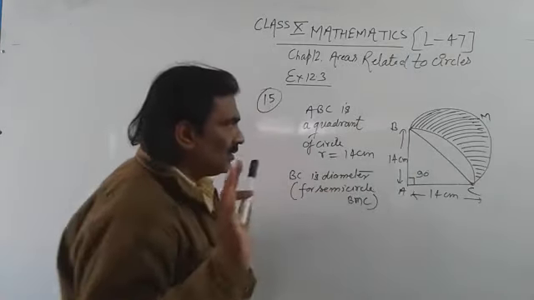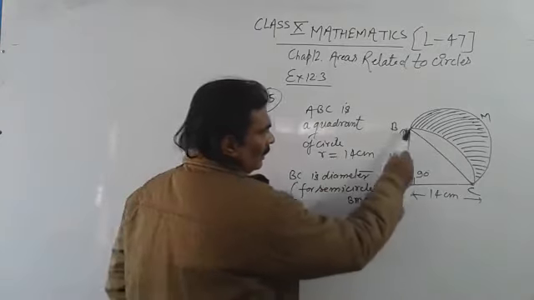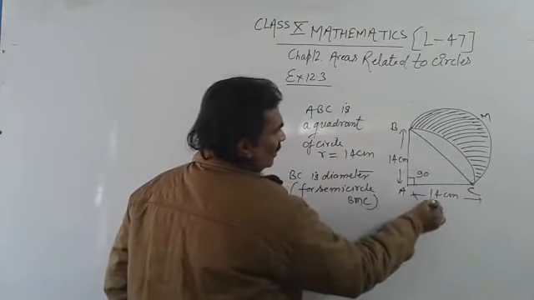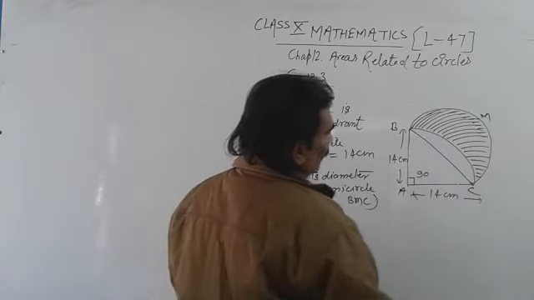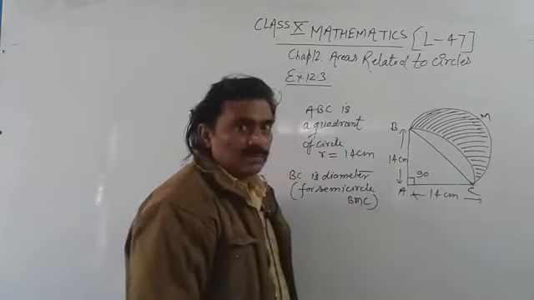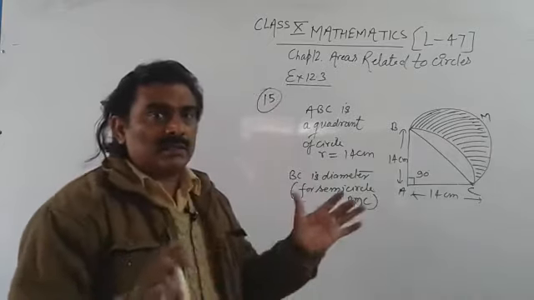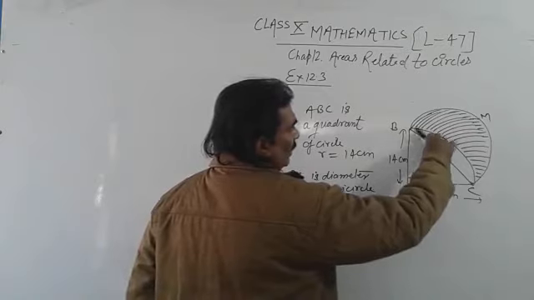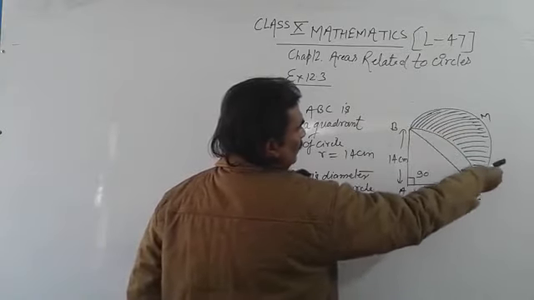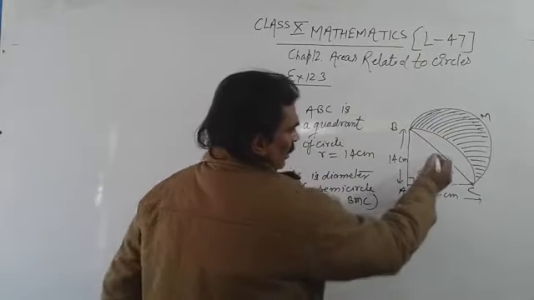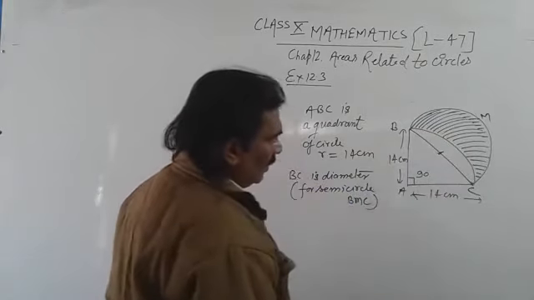So first, students, think about ABC. This is a quadrant of a circle whose radius is 14 centimeter. With this quadrant, a semicircle is attached, where BC is the diameter of the semicircle.